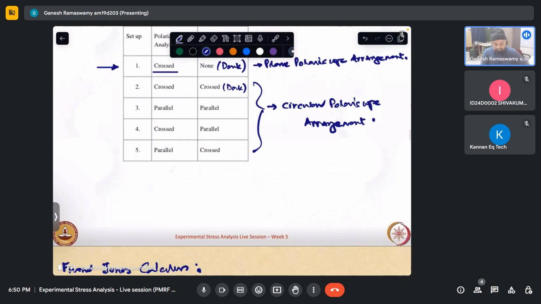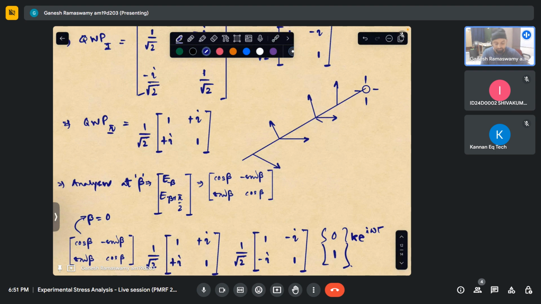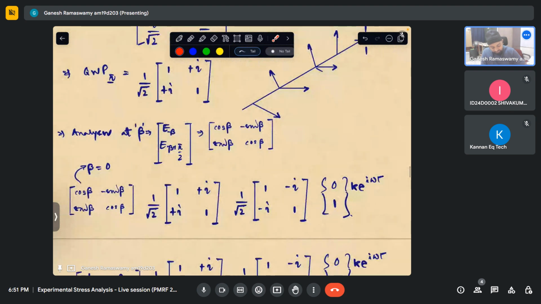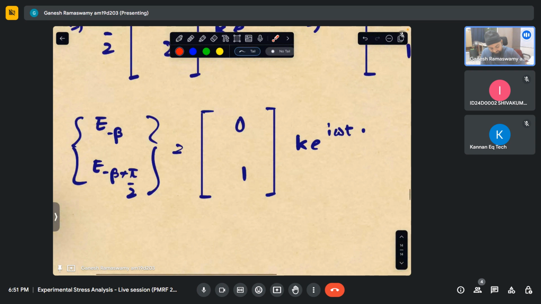Similarly, let us say I keep everything the same in this problem. Only the analyzer, I make it parallel to the polarizer. So what would I have to substitute for beta? In beta, I will have to substitute 90 degrees. In which case, I have to read the second component of the vector rather than the first, because the first component is E along the analyzer and the second is E along the analyzer plus pi by 2.